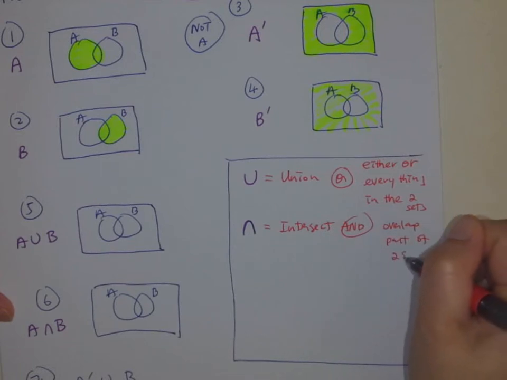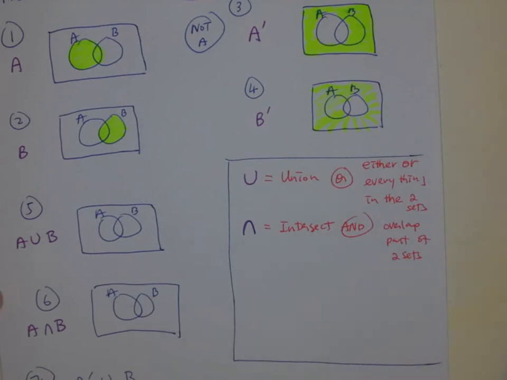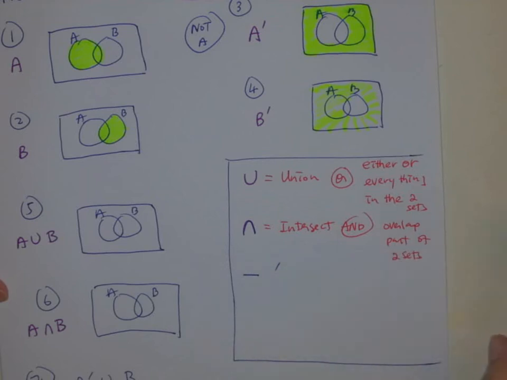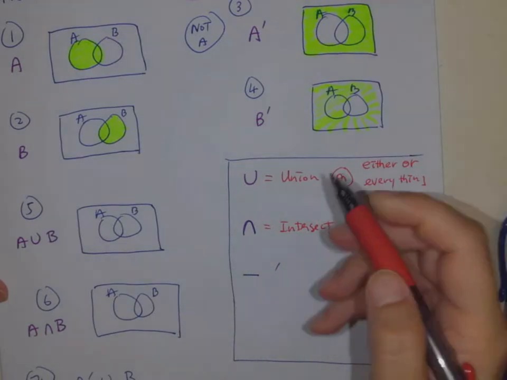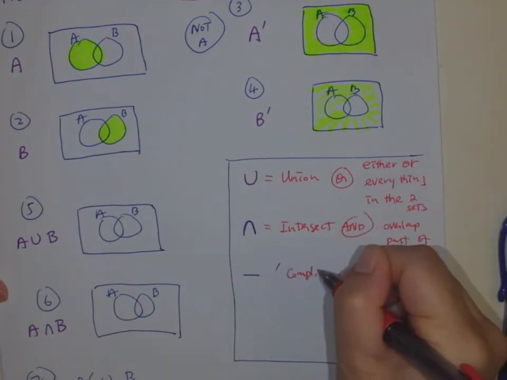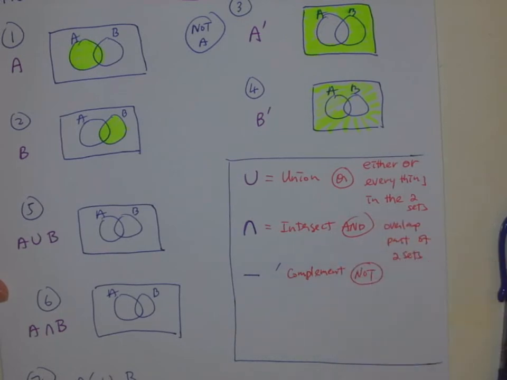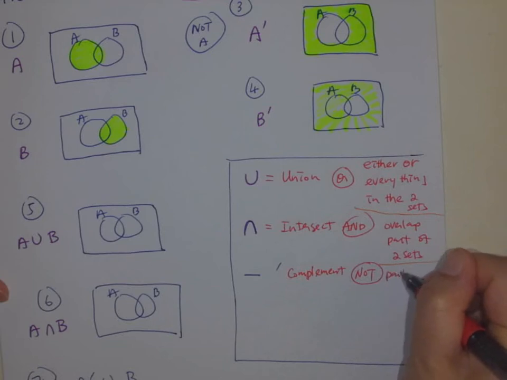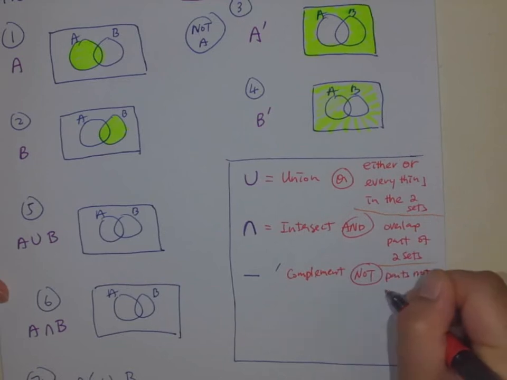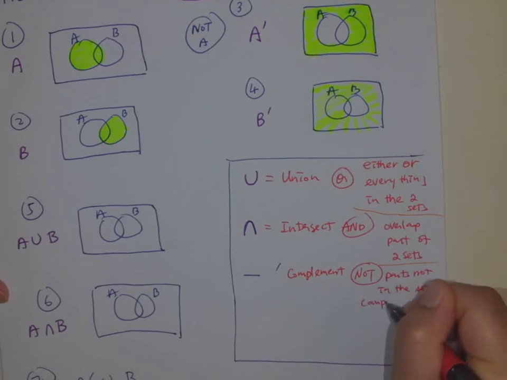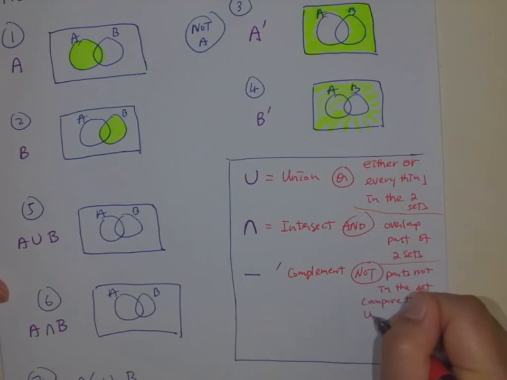The answer would be the overlapping part of the two sets. Okay, and earlier we talked about the complement, so it could be a bar on top or an apostrophe like that. This is for the complement, and the keyword is not. So we are focusing on the part not in the set compared to the universal set.